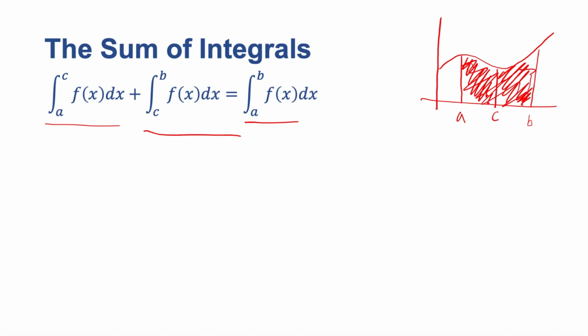So if you could imagine, if we have a jump or a hole at c, we could still find the area just by separating it into separate integrals.